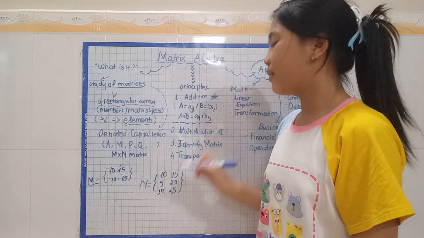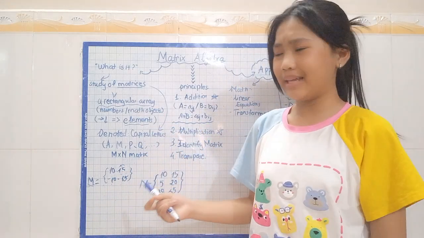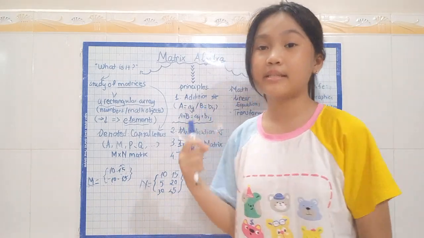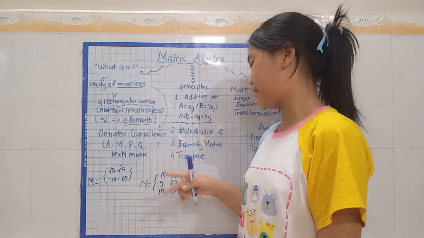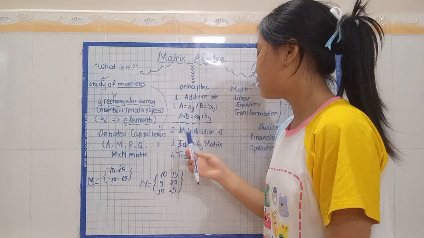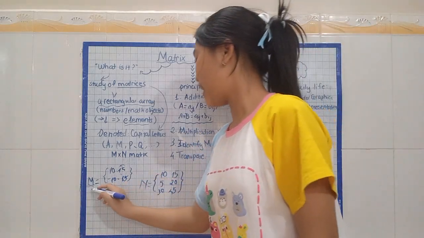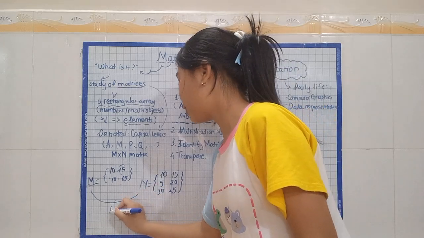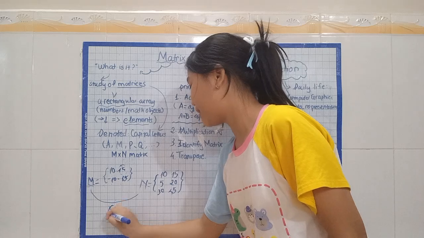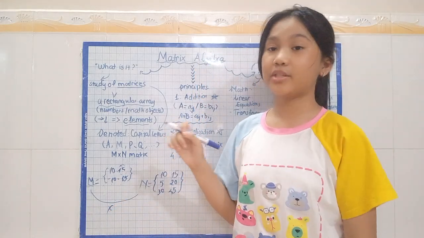When we look at these matrices, we know that they could be multiplied together. Why? Because the first matrix has 2 columns and the second matrix has 2 rows. So we understand that matrices M and N could be multiplied together. That is the second principle of matrix algebra.